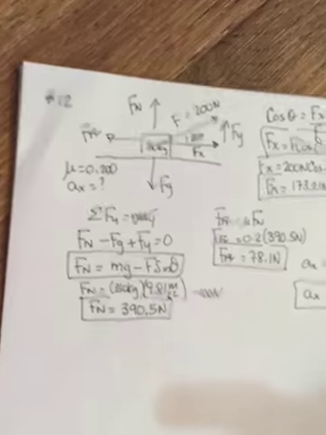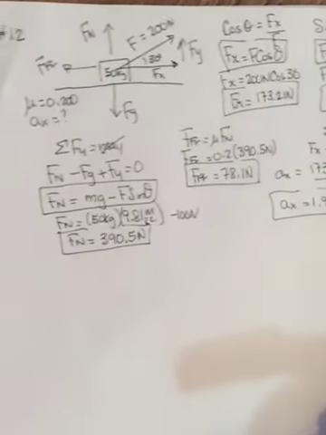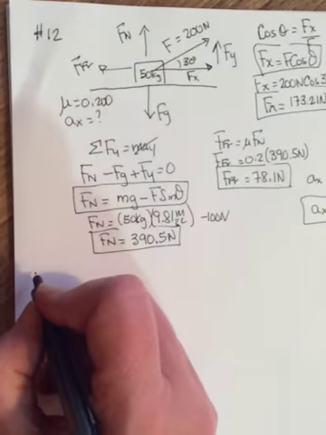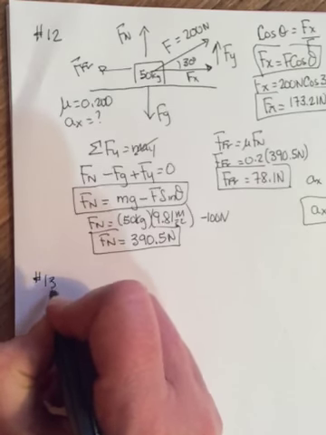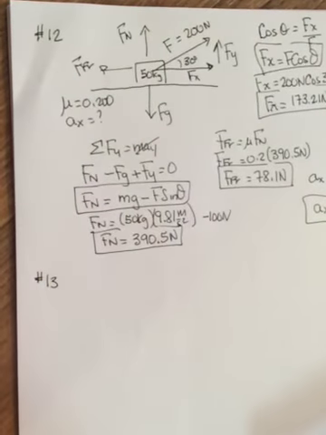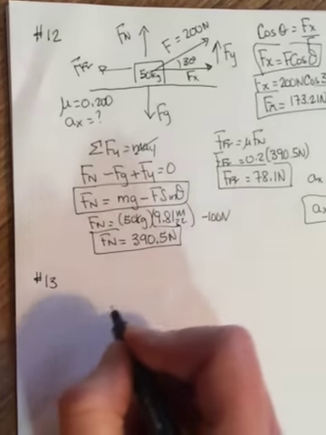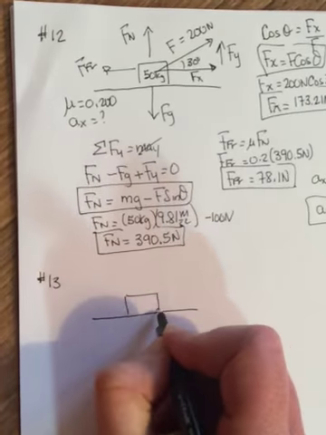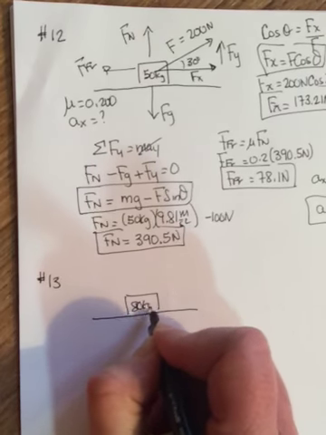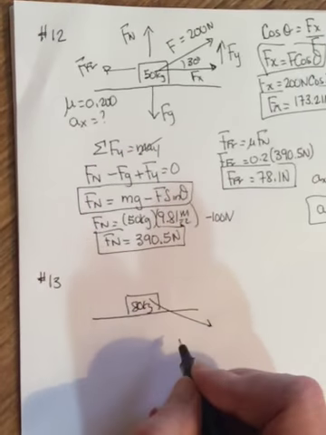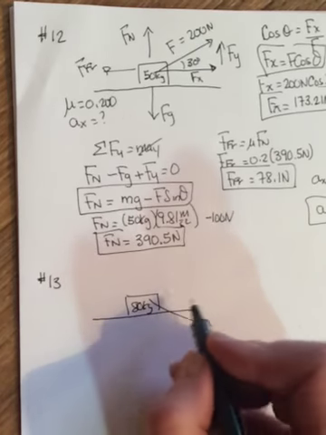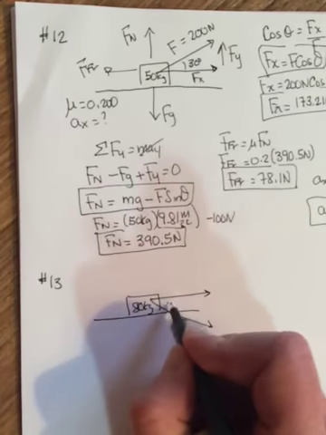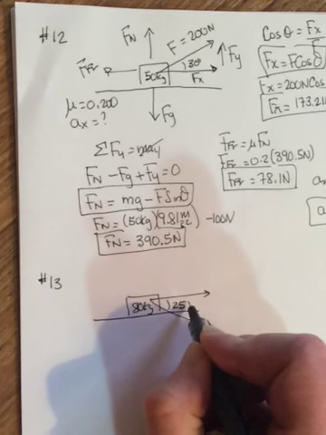Number 12 is done. Number 13 is also at an angle. And it says a person pushes a box across a level floor. So this time it's downward. So it's an 80 kilogram box and you're pushing. The person's arm makes an angle of 25 degrees. So this is 25.